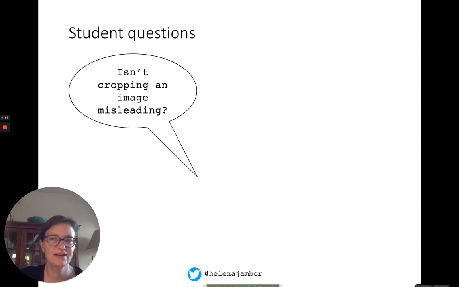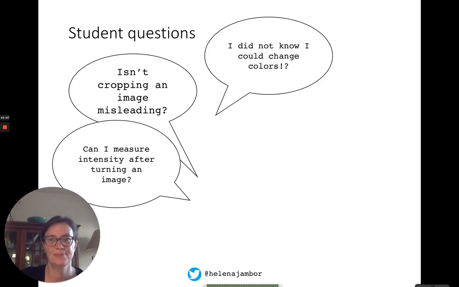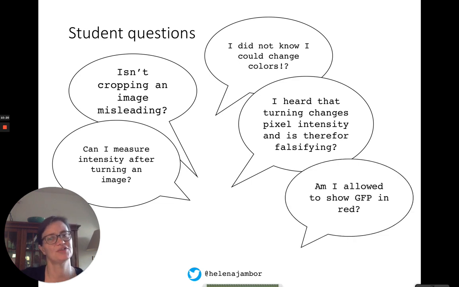Isn't cropping an image actually misleading already? Can I still measure the intensity after I turn an image upside down or by 90 degrees? I did not know that I could change colors in an image. I heard that turning changes pixel intensity and is therefore falsifying results. Am I allowed to show GFP in red, etc.?